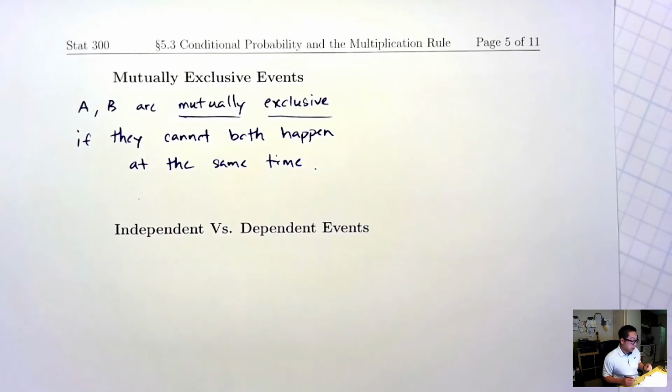Okay, and that was the word definition that we talked about in section 5.2.